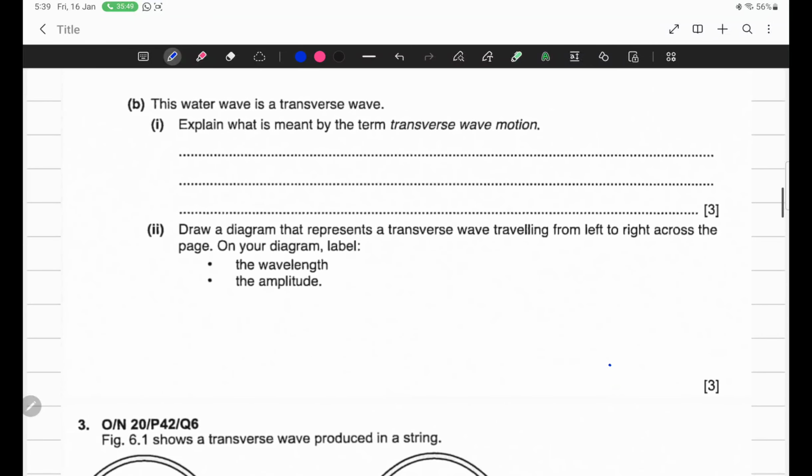The next question is: explain what is meant by transverse wave motion.